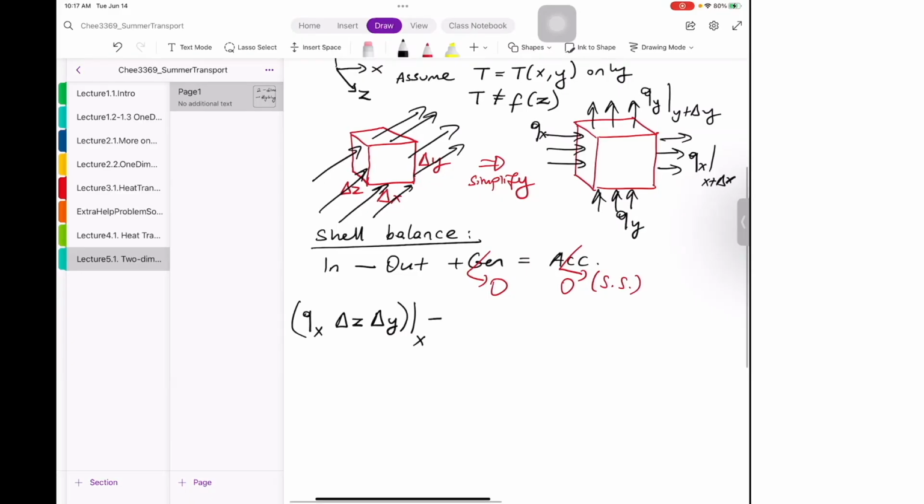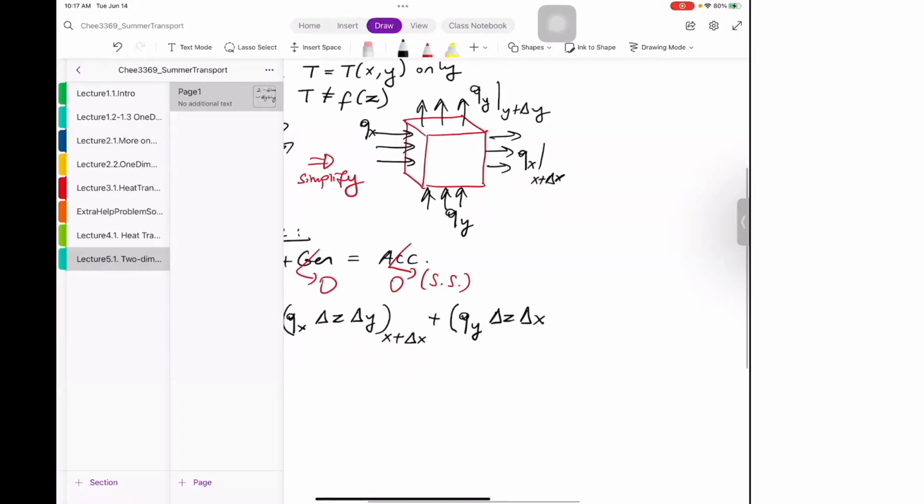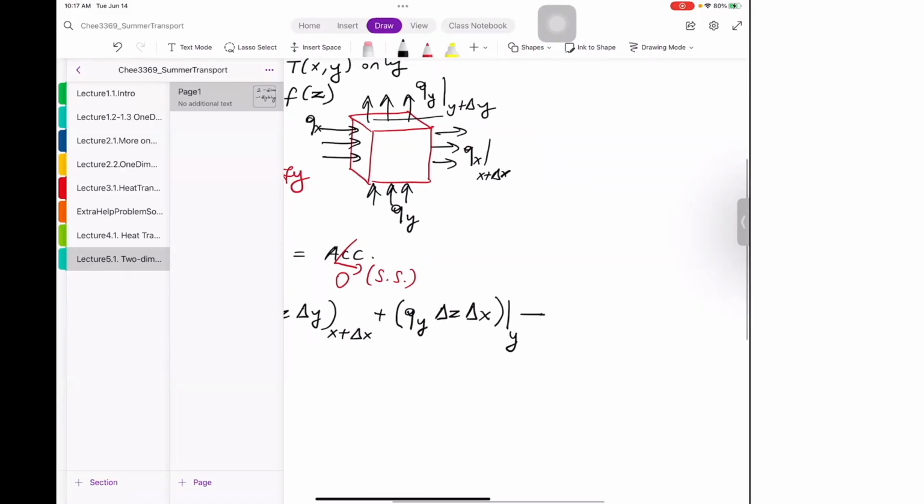So minus whatever comes out along the x direction, qx delta z delta y at x plus delta x, plus whatever comes in along the y direction, qy delta z delta x this time, because this area has delta x and delta z, evaluated at y, minus whatever is coming out, qy delta z delta x evaluated at y plus delta y.